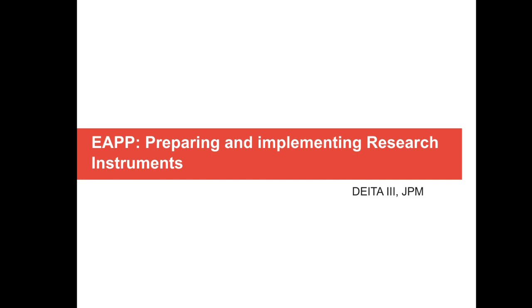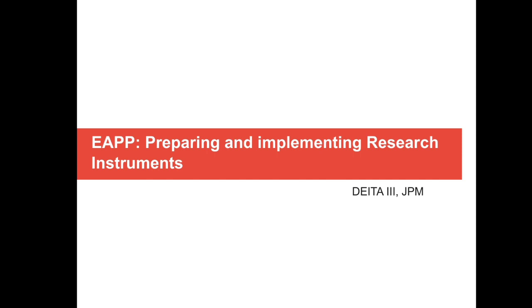Hey, what's up, Lyceans, and welcome to another EAPP lesson. For this lesson, we'll be talking about how to prepare and implement your research instruments. Now, in your research classes, your research instrument is a tool that we use to gather data on a specific topic or a specific interest or research question that we are working on.